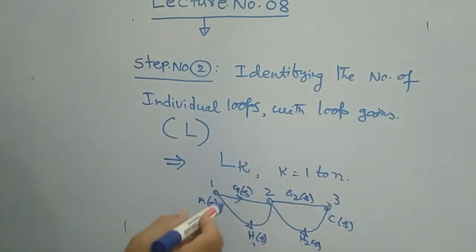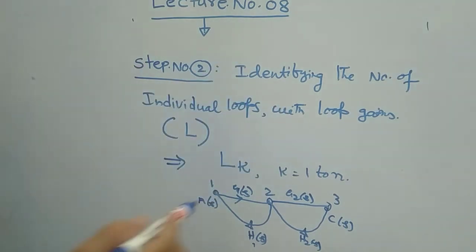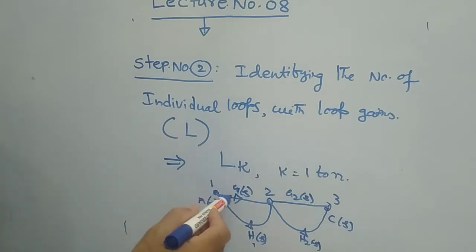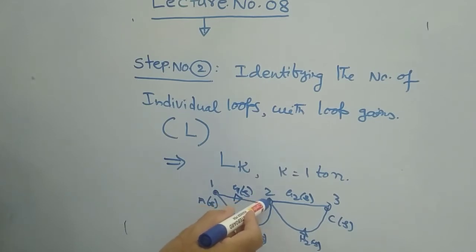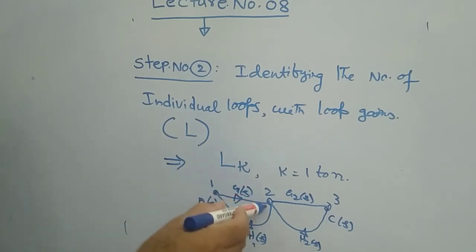In this signal flow graph, an individual loop is, say, if you consider this: the signal starts from node 1 and goes up to 2, and again from 2 it comes back in the reverse direction and reaches 1. This is forming a closed loop.